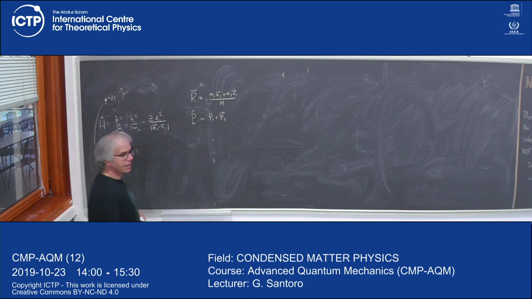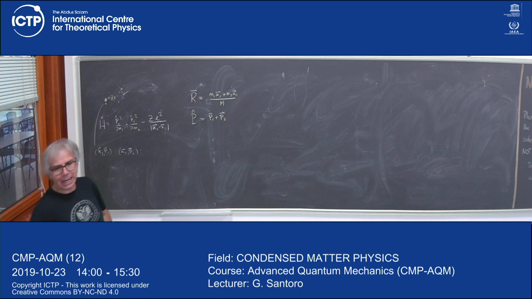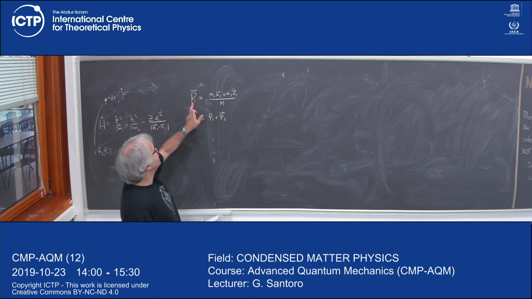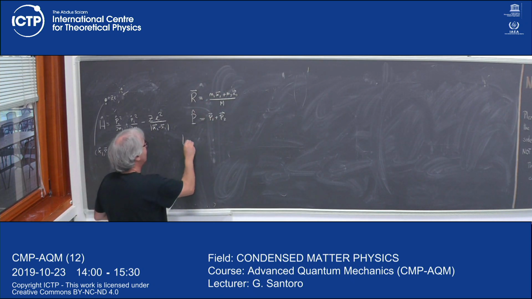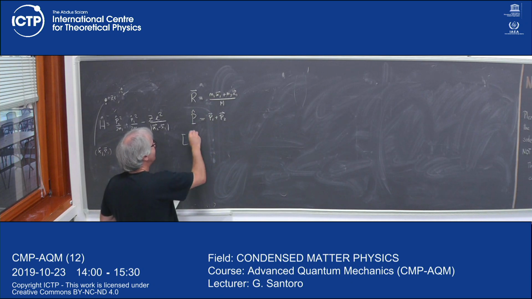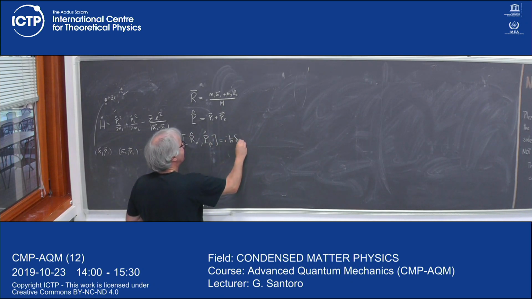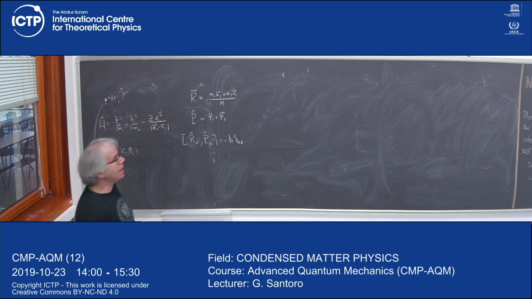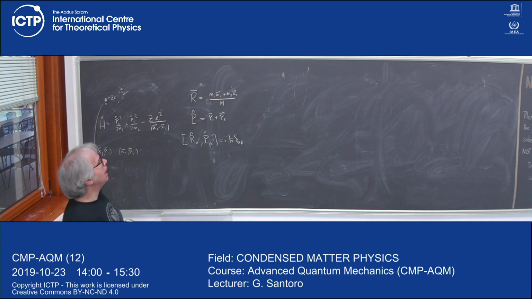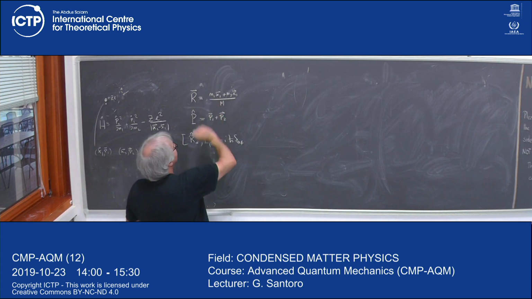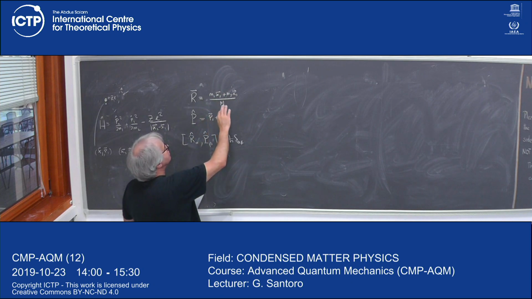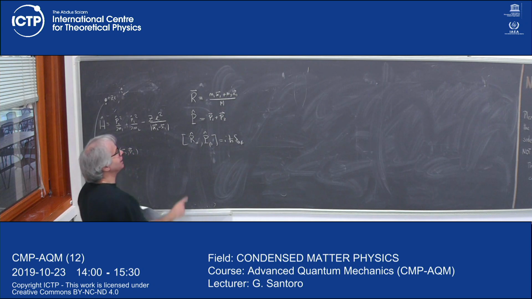Now, classically, it's obvious. Quantum mechanically, we have to verify that if I take R alpha and I commute with P beta, I get i h bar delta alpha beta. Okay, here there are lots of indices, but let's do it anyway.